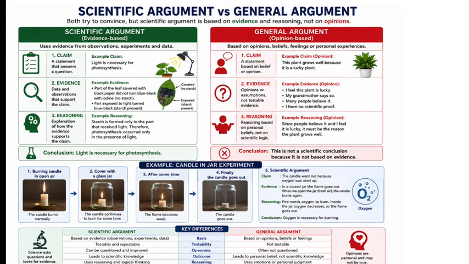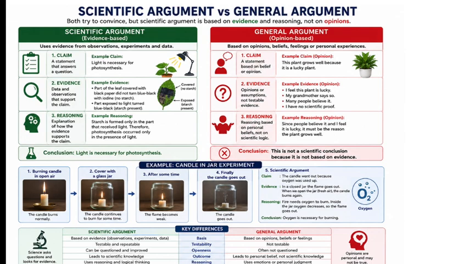For example, we take a leaf and cover part of it with black paper, and we show that where light falls, the region is green, and where the light doesn't fall, the region is black. We show this evidence and proof to others and try to convince them: see, light is important for photosynthesis.